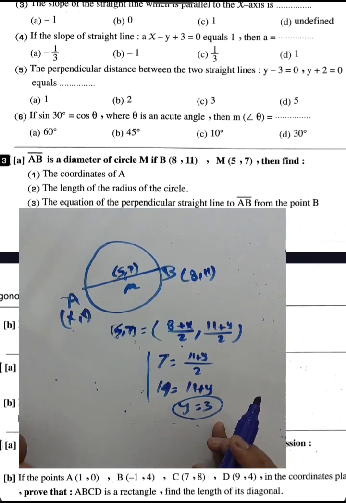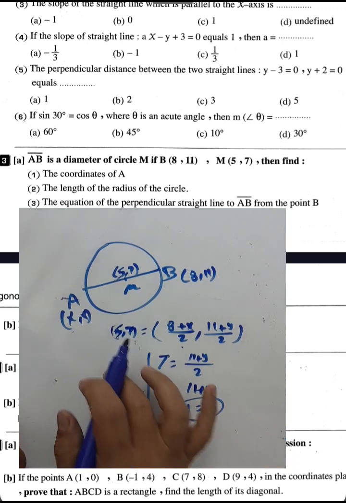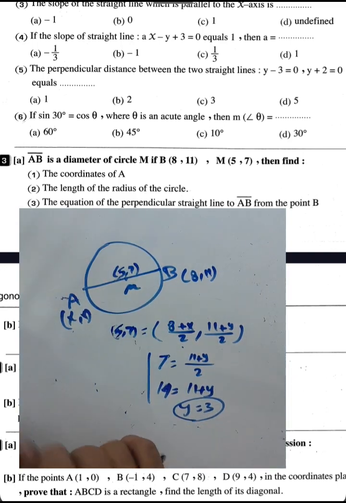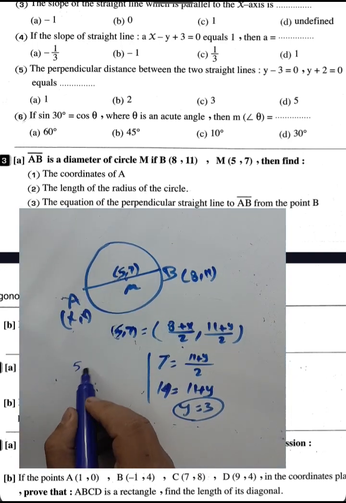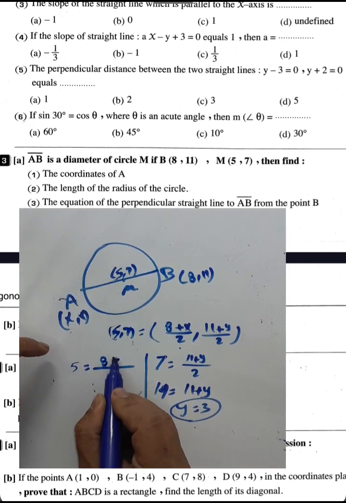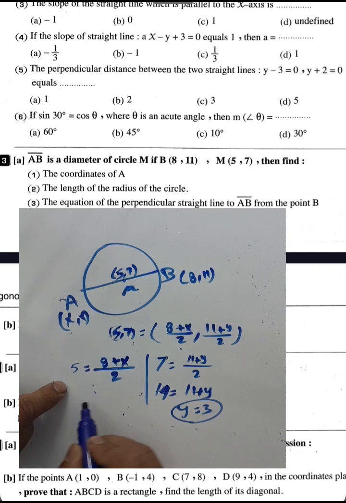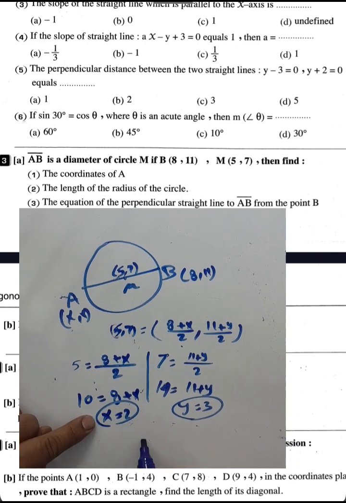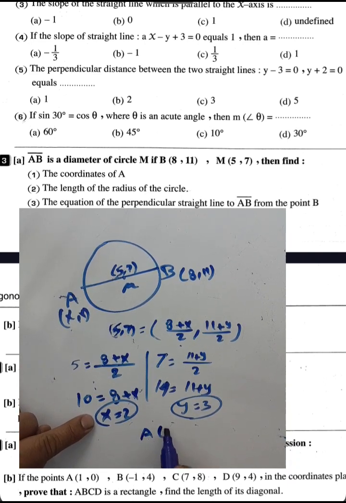This number is not 3, it will be 5. I will solve it again. Pay attention. 5 equals (8 plus x) over 2. 2 times 5 equals 10. 10 equals 8 plus x, then x equals 2. Understood? Then the coordinates of point A will be (2, 3).